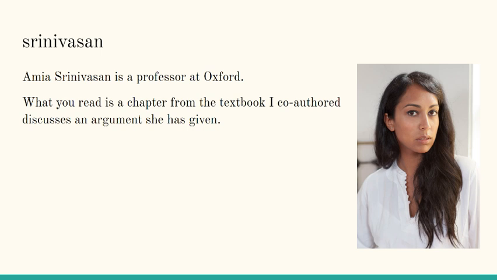Her parents were Indian, and she since has lived in many different places. Like I said, she teaches in Oxford. She recently had a book of feminist essays on sex come out that got a lot of popular media attention. If you're interested, you can Google that, I guess.